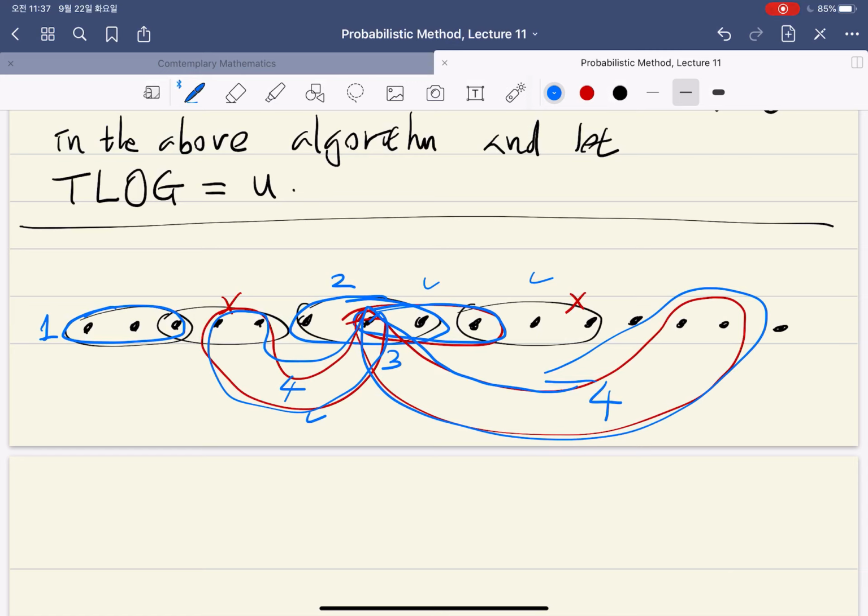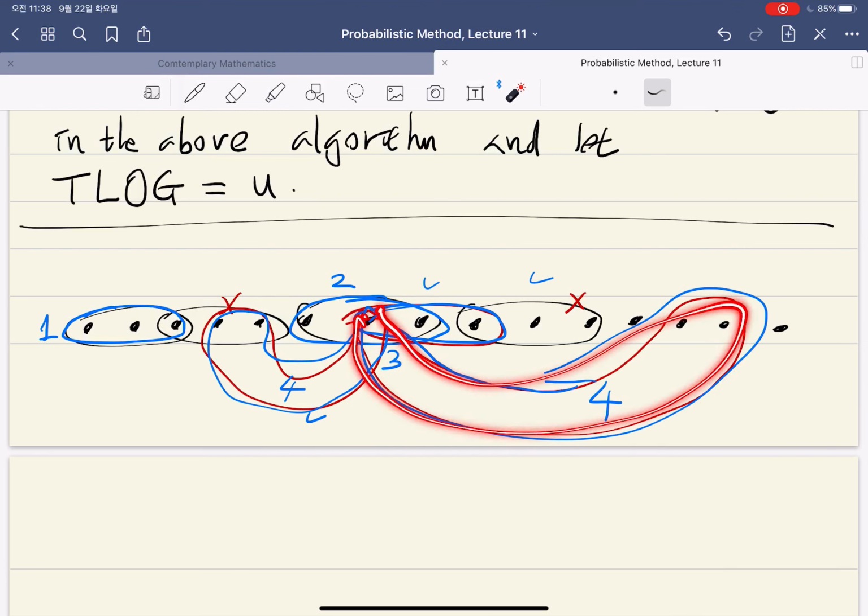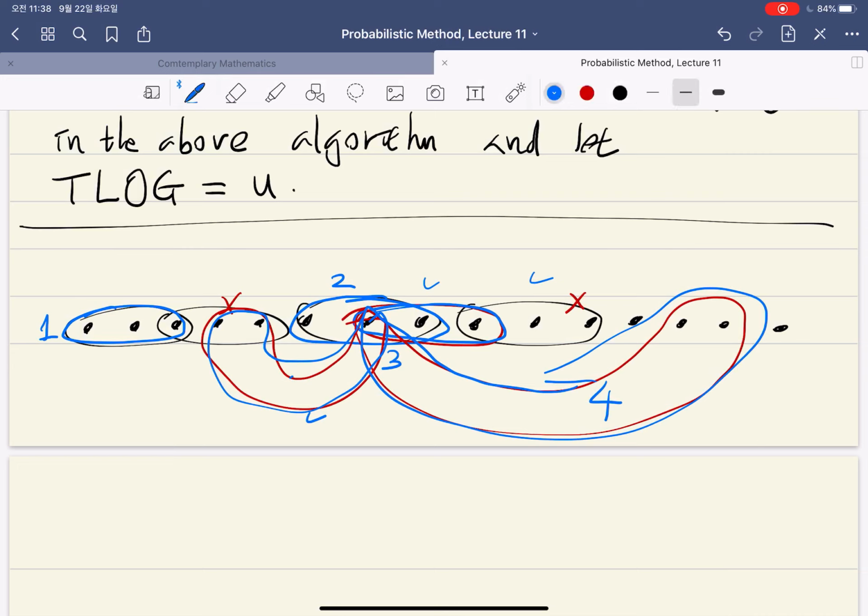So if you consider this, this set is alpha 1, this set is alpha 2, this set is alpha 3, and this set is alpha 4. This set is alpha 5.